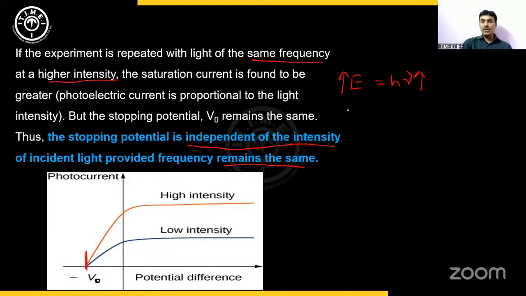In order to stop these electrons with more kinetic energy, more negative potential is required. So stopping potential V naught will be proportional to the frequency of radiation. If this is fixed, V naught is also fixed. That's why for two different intensities with the same frequency, the stopping potential remains the same. Understood?